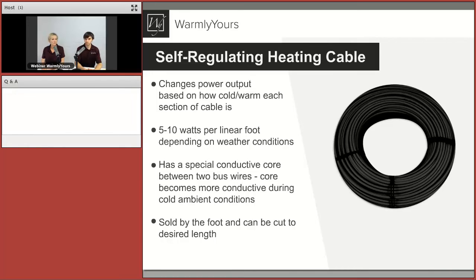All right, and as you mentioned earlier, it comes between 5 and 10 watts per linear foot. So depending on where it's sitting on the roof and the weather conditions, it's going to fluctuate. And it's as a result of the conductive core that it has this capability. It's just how the cable is designed, based on this conductive core, it reacts to those ambient conditions outside.